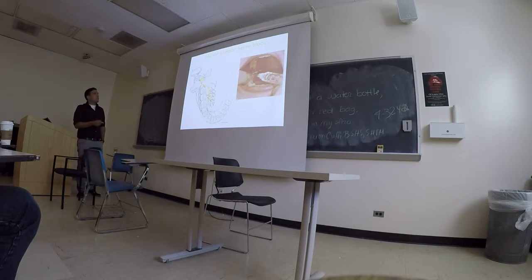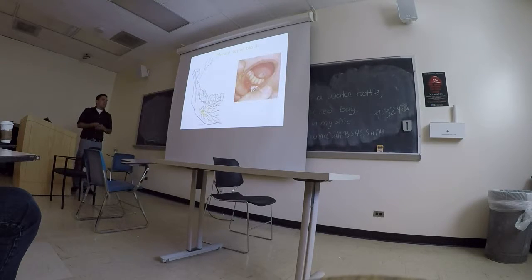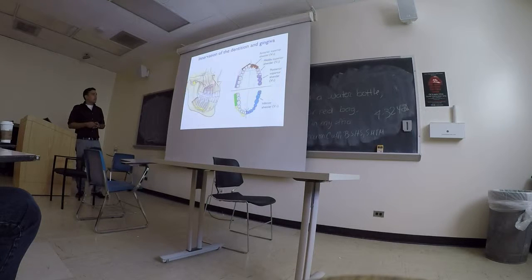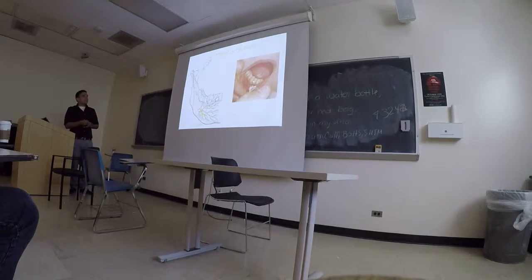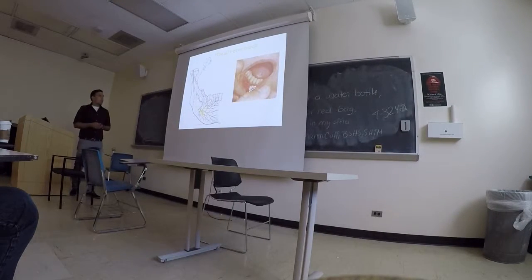So the injection is given right here, posterior to the third molar. And then if you need to do some surgery on the lower lip or the skin anterior to the incisors, you get the mental nerve here, just inferior. Looks like it's just inferior to the canine there.